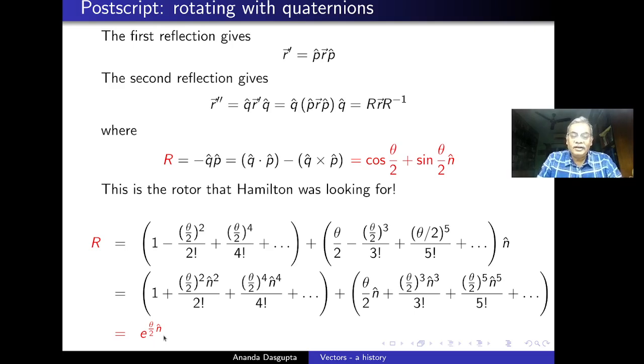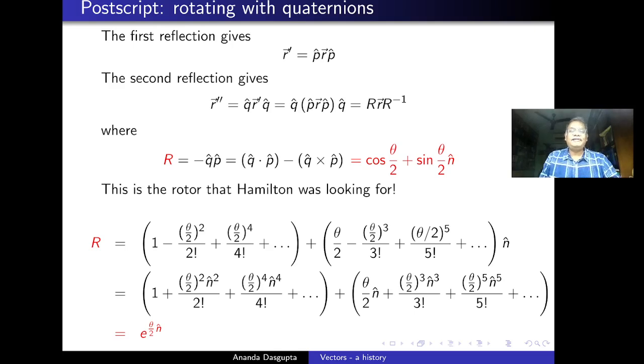So we can write down a very compact formula for a rotor. All you have to do is take the angle of rotation, multiply that by the axis unit vector, divide by 2 and then exponentiate that. Of course, when you exponentiate, you have to make use of the standard rules for calculating powers in the exponential. The rules that you use would have to be rules for quaternion multiplication.